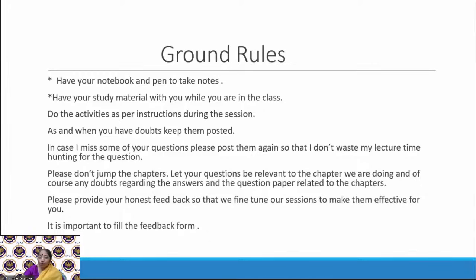And have your notebook and pen to take notes. That's important. Have your study material with you while you are in the class, so that you check whether my slides go along or are in sync with the study material itself. And this is tuned exactly to suit your exam purposes. Do the activities as per instructions during the session.